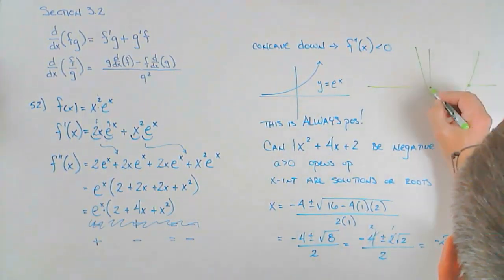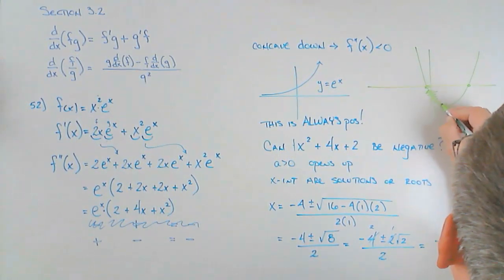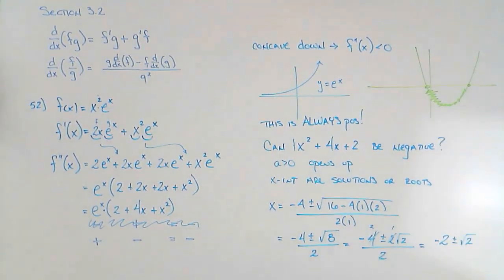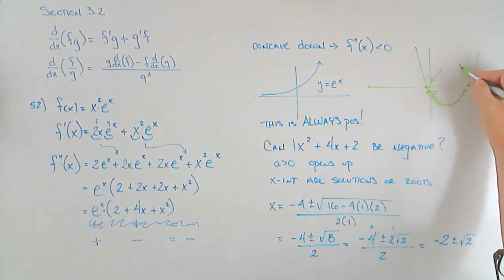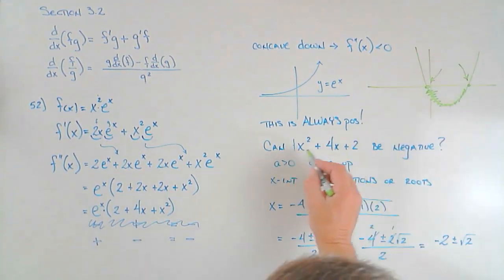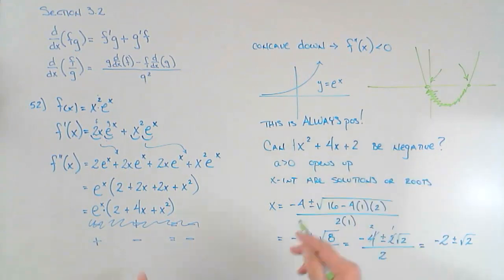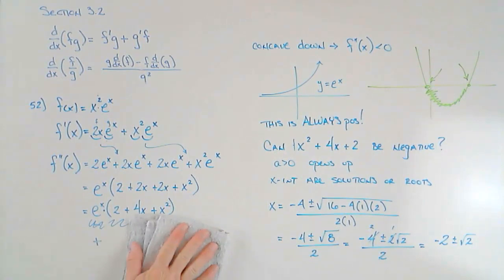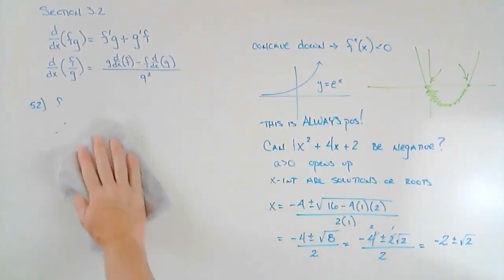Because if it does, then this part of the parabola right here is negative. It's below the x-axis. So between this number and this number, this would be negative. And if it is negative, then we're going to get a negative product and we're going to be concave down. There's a lot of logic going into this problem, that we're putting together multiple ideas here, right? I mean, it is number 52. It's not number 3.